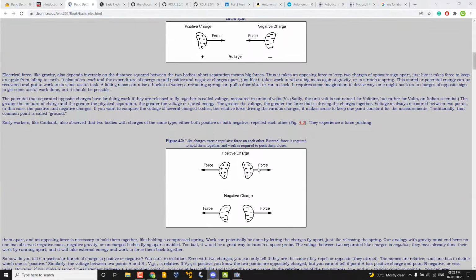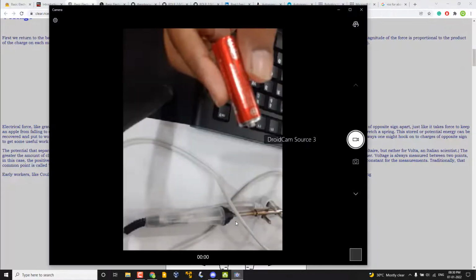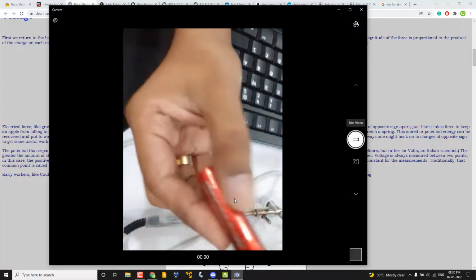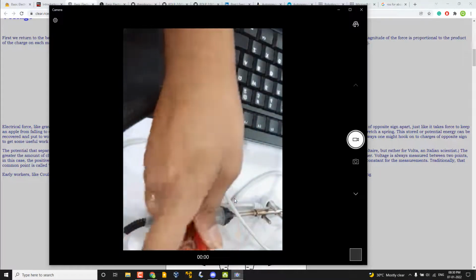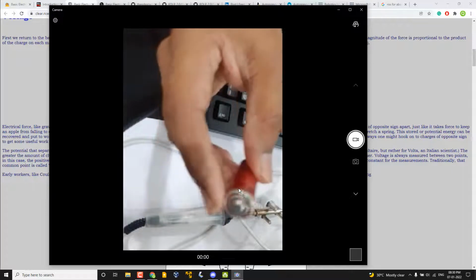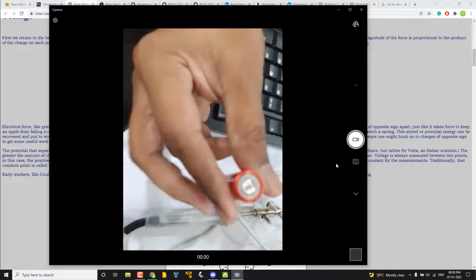You may have seen batteries, right? A battery has a positive terminal and a negative terminal. Maybe I can show you a simple battery. Yeah, so this is a simple 1.5 volt battery. You can find this is positive, and this is negative.